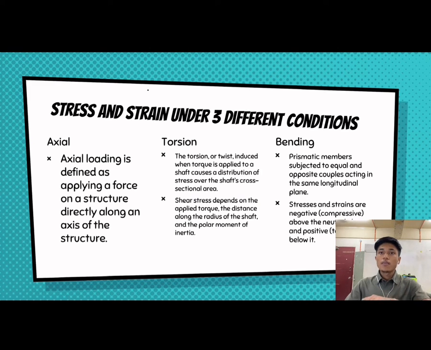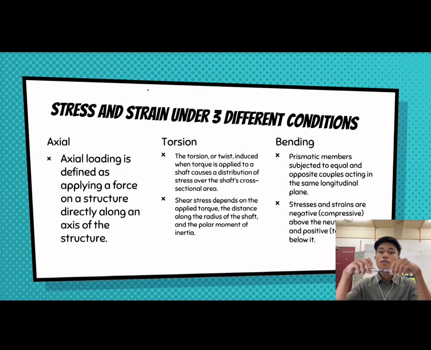Next, I will cover torsion. What is meant by torsion, or twist, is when torque is applied to a shaft, causing a distribution of stress over the shaft's cross-sectional area, and the shear stress depends on the applied torque, the difference along the radius of the shaft, and the polar moment of inertia.